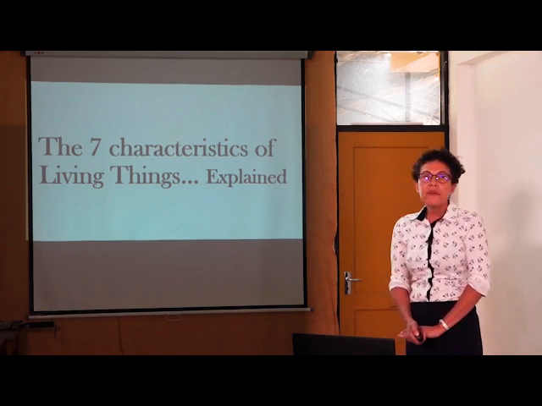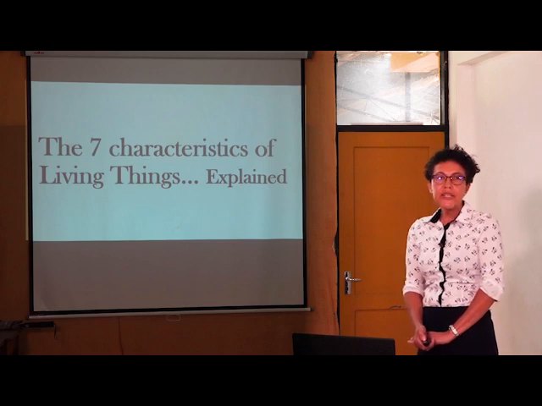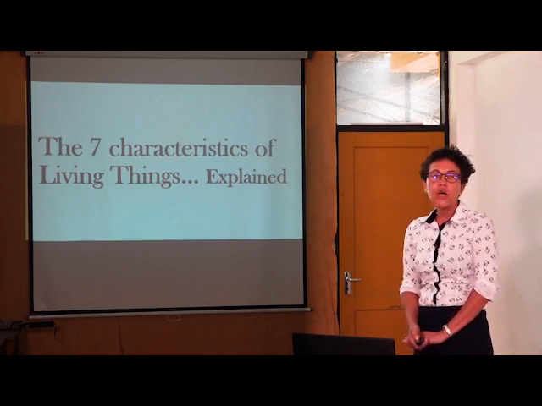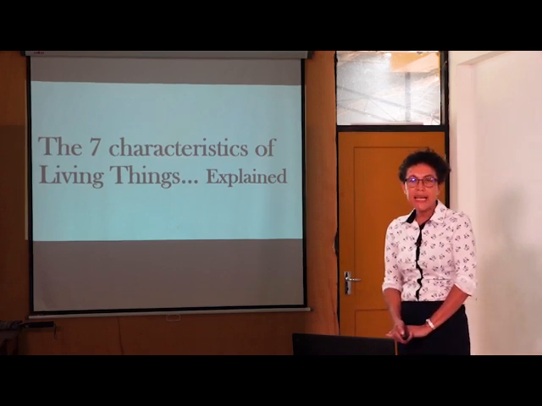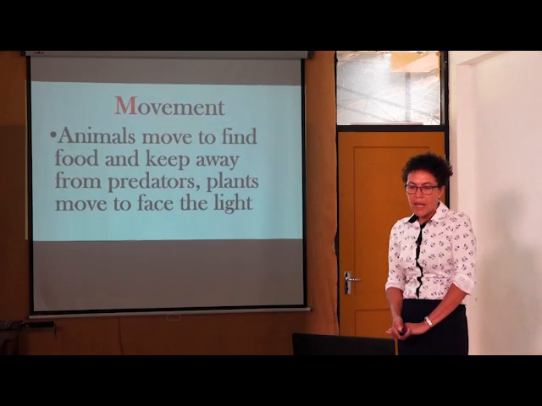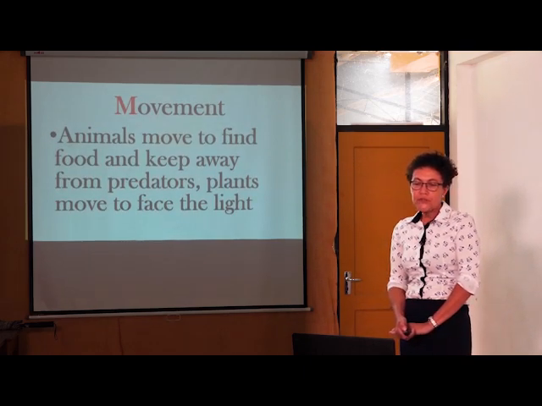We've previously seen it in Mrs. Nerg, and we will just go over it once again to ensure that you really understand them. We'll start with movement. Animals move to find food and keep away from predators, whereas plants move to face the light.